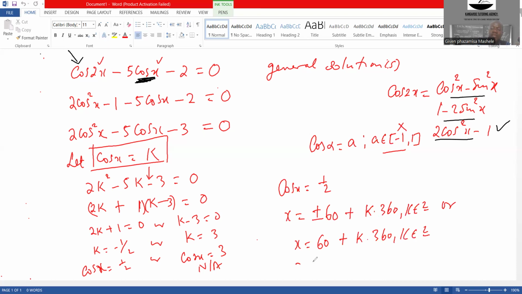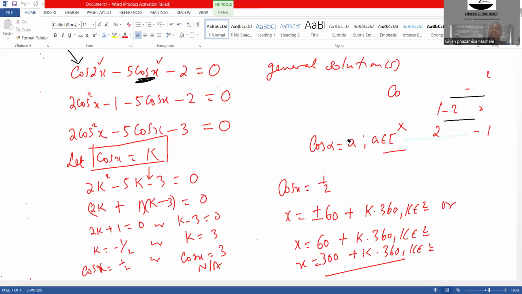Then for the second one, to get rid of the negative angle, minus 60 plus 360 gives us 300. So we have 300 plus k times 360, where k is an element of integers. Remember, there are many ways to skin a cat.